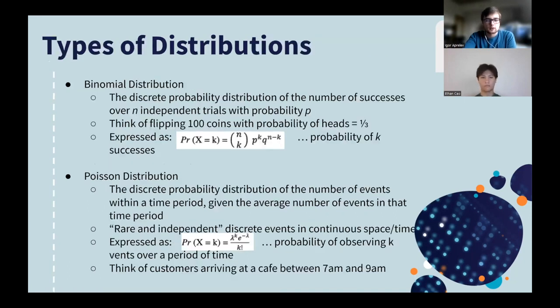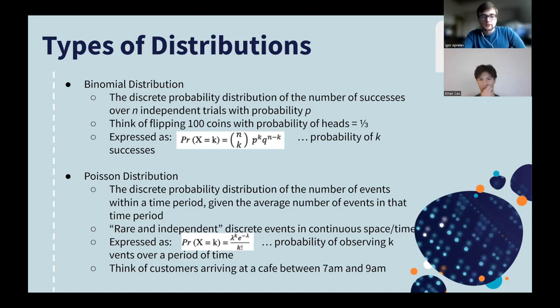So I'm going to dive a little bit deeper into some specific kinds of distributions. First off, we have the binomial distribution. As mentioned on the previous slide, it's a discrete probability distribution function.